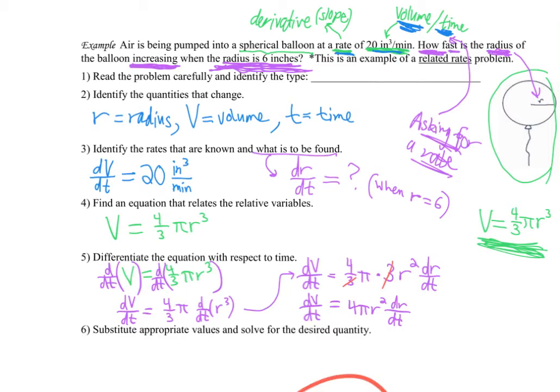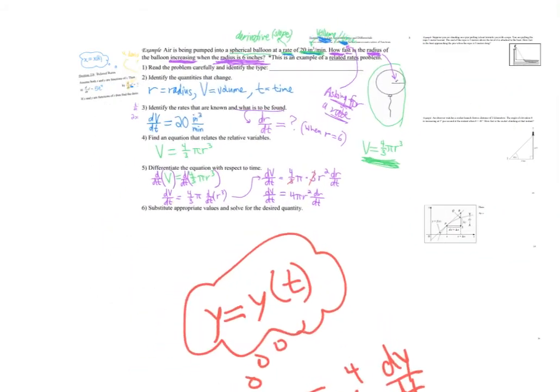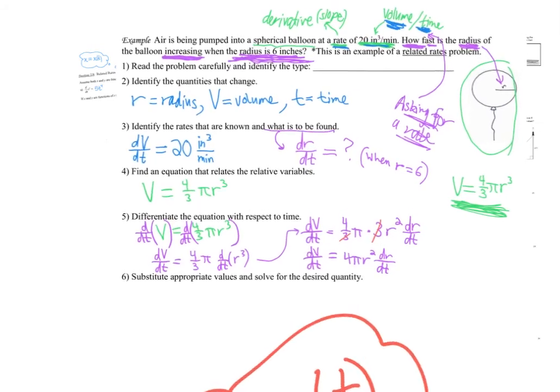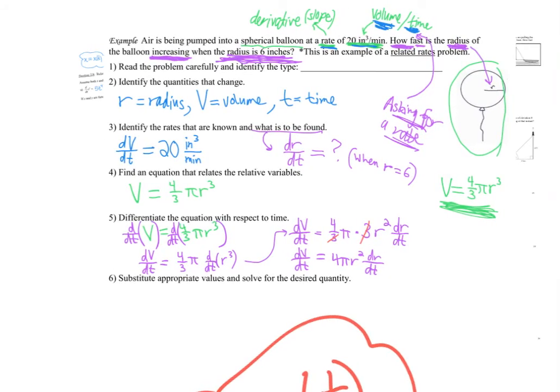All right, we're almost done with this problem. So I'm going to move up, and oops, our friend y equals y of t is left over from before. It got stuck to this piece. Sorry about that. So let's finish up this problem using the equation that we just got.